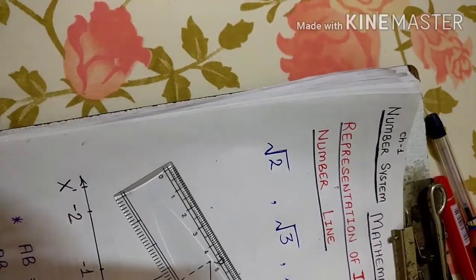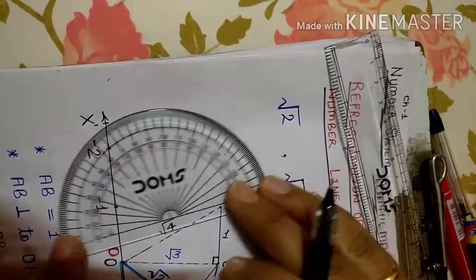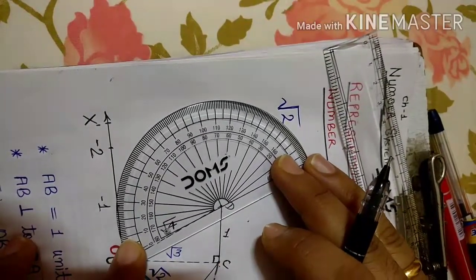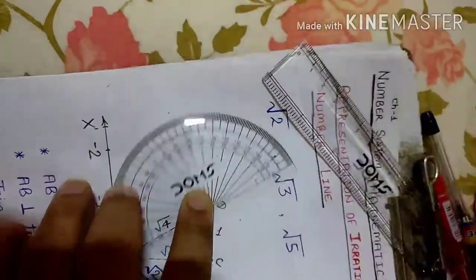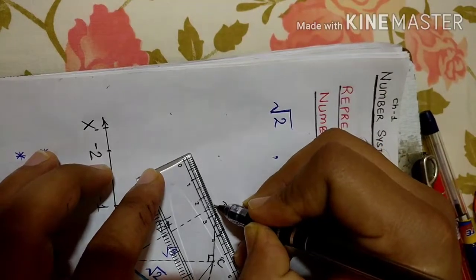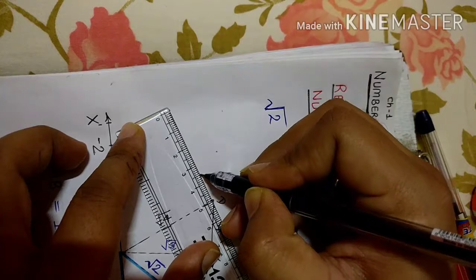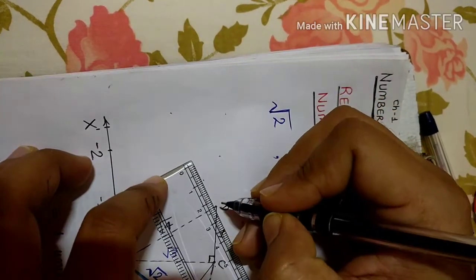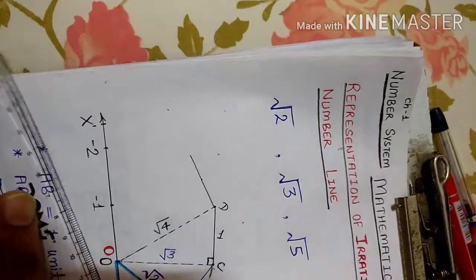You can do this with the help of a protractor also. Taking this OD as a straight line, you can draw a line here. Now draw a perpendicular.